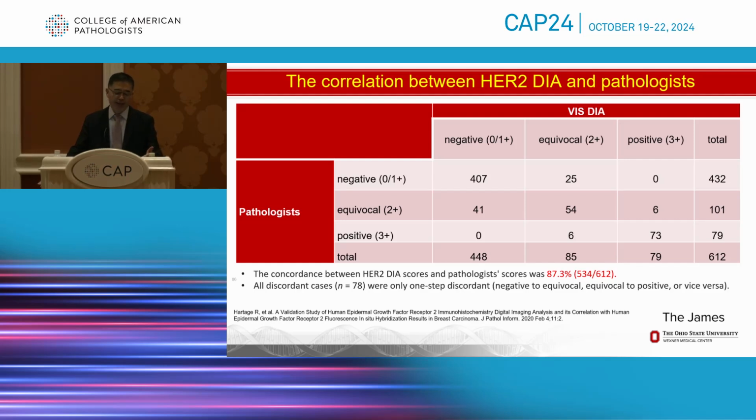Because there are 3 categories here, negative, equivocal, positive, some of those equivocals were identified as negative by the digital imaging analysis. As shown here, all discordant cases were only 1 step discordant. That means equivocal to negative or to positive. There was no negative to positive, or the other way around. Just 1 step discordant.